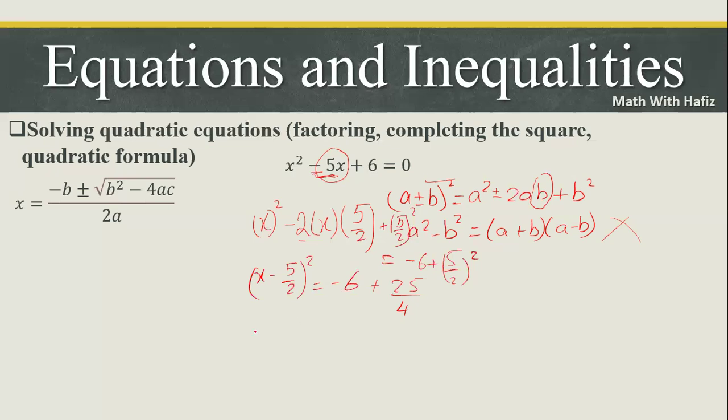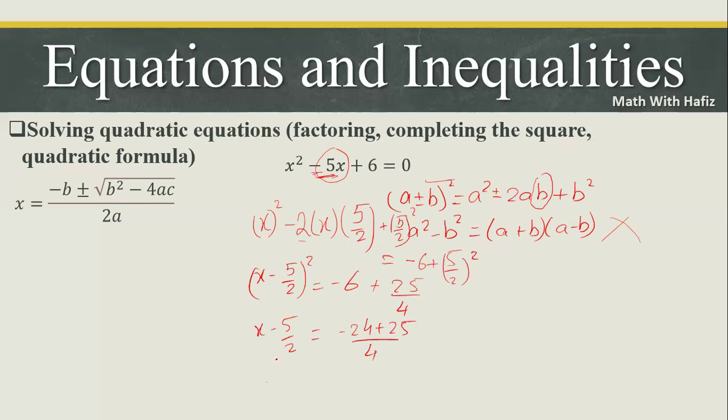So it will be x minus 5 over 2, and you will have negative 24 plus 25 divided by 4. I took the LCM, least common denominator, and multiplied.